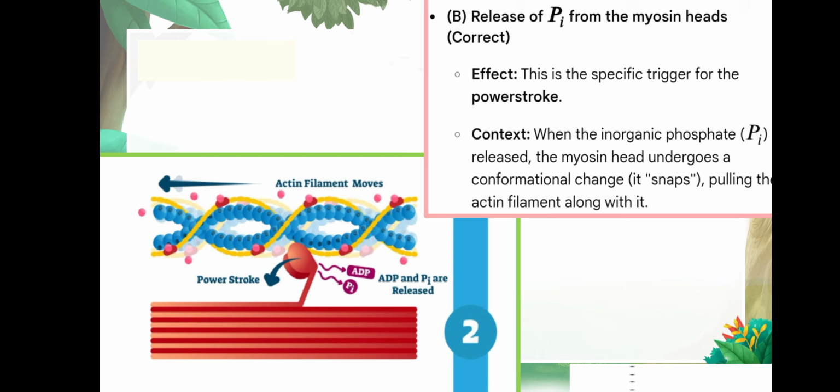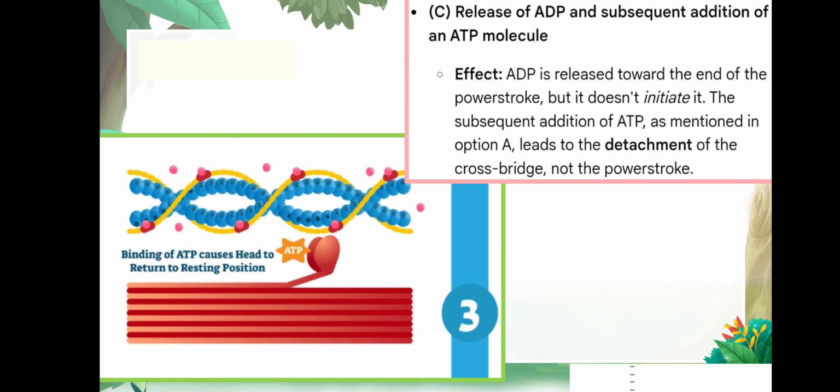Release of Pi is first, and when Pi is released, then the power stroke takes place, isn't it? And this is the answer, release of Pi from the myosin heads. This causes the power stroke. Once Pi has been released, then ADP is released, and the myosin heads remain stuck to the actin molecule unless a new ATP molecule arrives and it again releases the actin molecule and reattaches itself to the actin molecule.